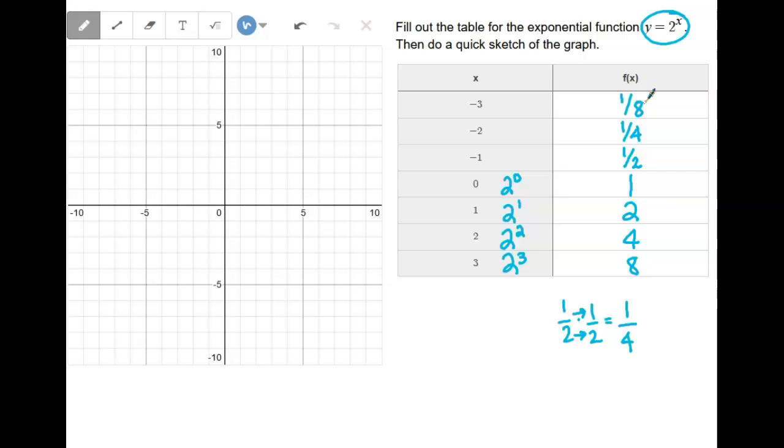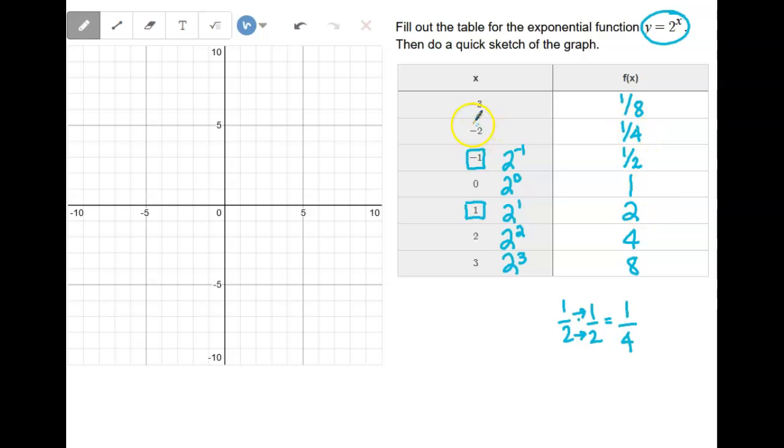So if we are looking at this, you can see that these two are just reciprocals of each other. So I have this right here and this right here. These two numbers are the same, but they're opposite signs. Okay, so we have a positive 1 here and a negative 1 here. Well, 2 to the power of positive 1 is 2. 2 to the power of negative 1 is the reciprocal of 2 to the power of 1.